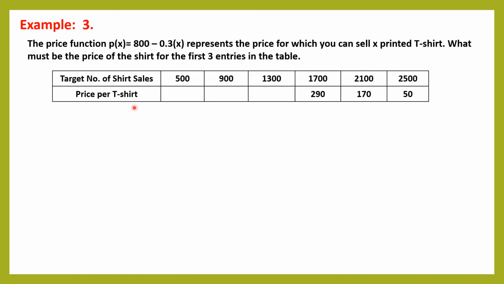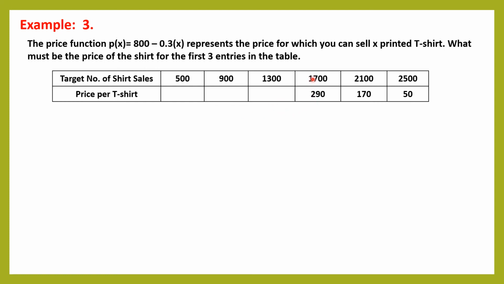So, ito ang ating table. Ang target number of shirt sales ay 500, 900, 1,300, 1,700, 2,100, 2,500. Then, ang price ng t-shirt ay may blank na 3 kasi ito yung hinahanap nating 3 entries.